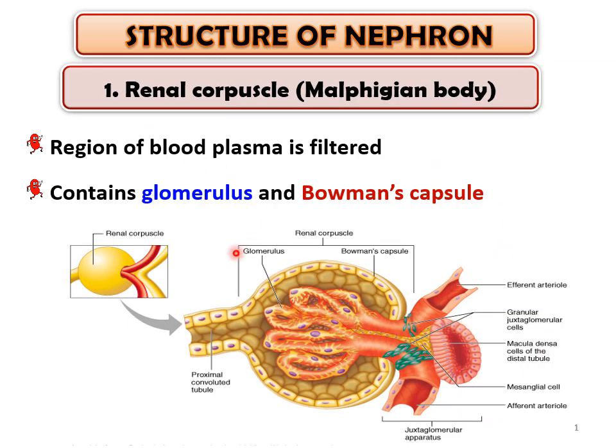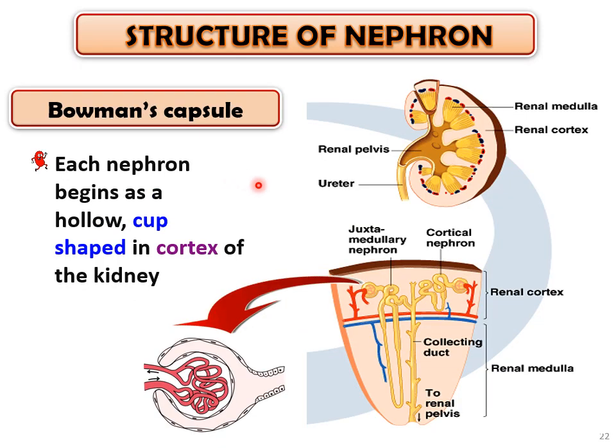So first we look at the renal corpuscle, that is the Malpighian body, where the blood plasma is filtered. It contains the glomerulus. So here that is a glomerulus, glomerular capillary, and then here the Bowman's capsule. Bowman's capsule, so each nephron begins as a hollow cup shape in the cortex of the kidney.